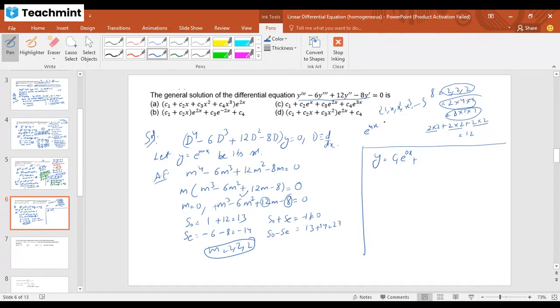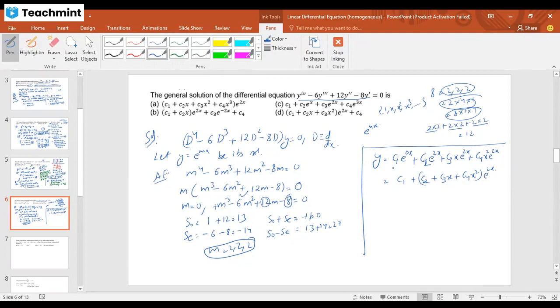If it is repeated 2 times, 1 and x. If it is repeated 3 times, 1, x, x square. That is, the solution is c1 plus c2 e power 2x, c3 x times e power 2x, c4 x square times e power 2x. Or we can write c1 plus c2 plus c3x plus c4 x square times e power 2x.